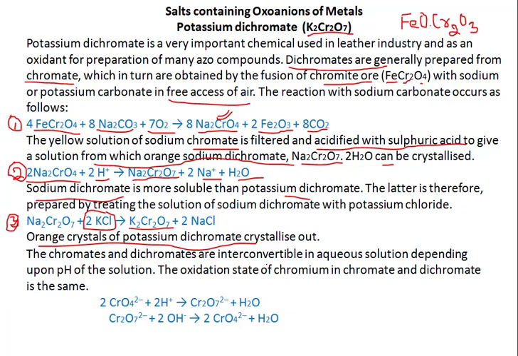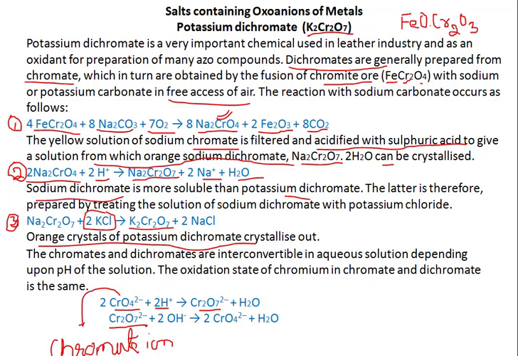Then chromates and dichromates are interconvertible depending on the medium. If the medium is acidic, the chromate ion will be converted into dichromate. The dichromate ion is Cr2O7 2 negative.